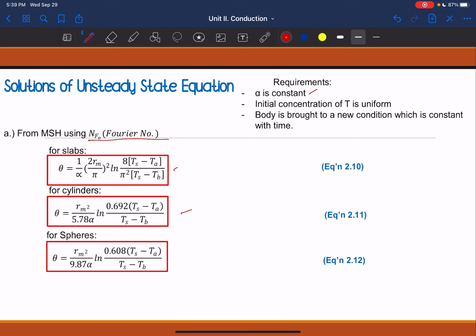So different equations for slab, for the cylinder, and for the sphere. Okay? Take note your Ts here. So, your Ts is actually the temperature at new condition. Ta is your initial temperature.